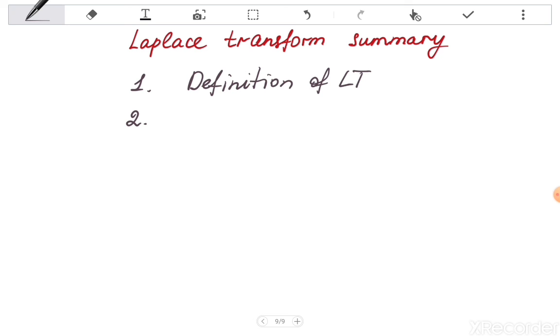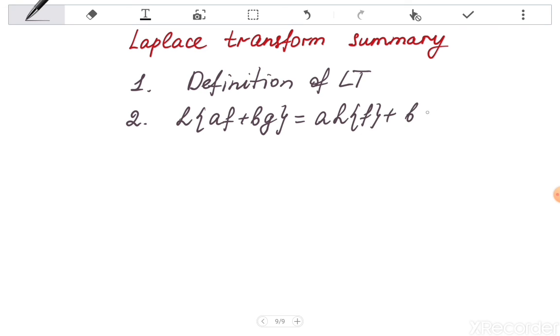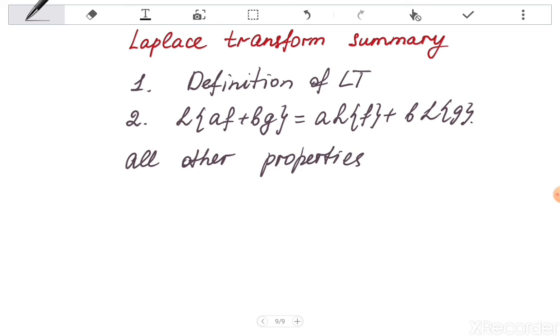For example, linearity, for example, that Laplace transform of, let's say, some combination will be A times the transform of F plus B times the transform of G. And in fact, all other properties except this linearity will be given to you in a table on the final exam.